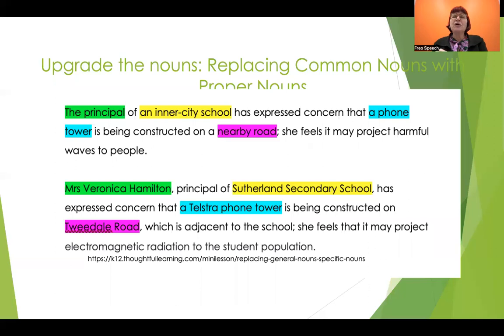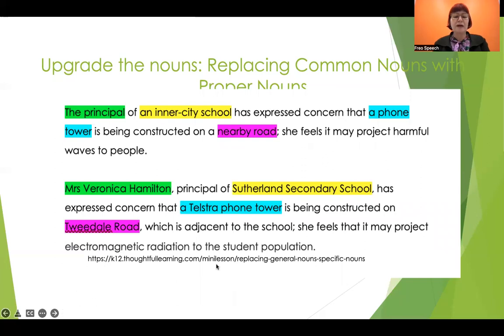Those increases in specificity are brought about by proper nouns, and they don't have to be true. You can just encourage students to make up names.